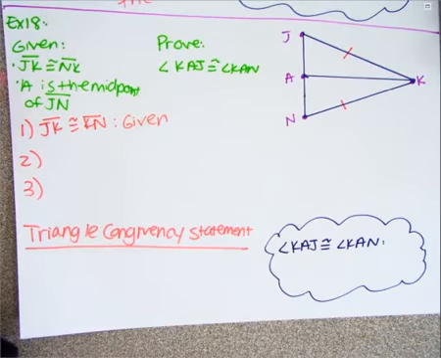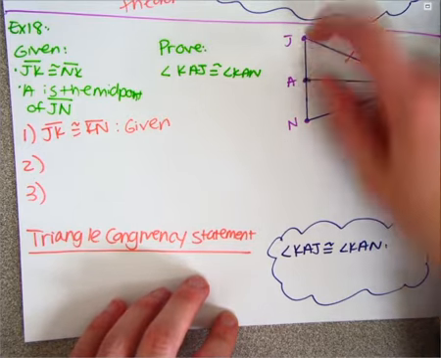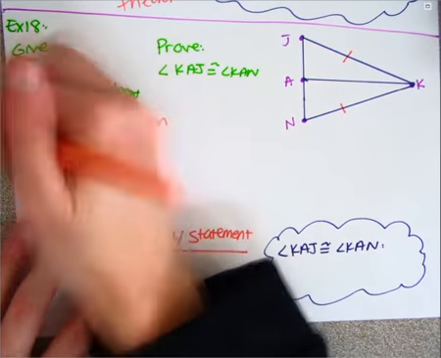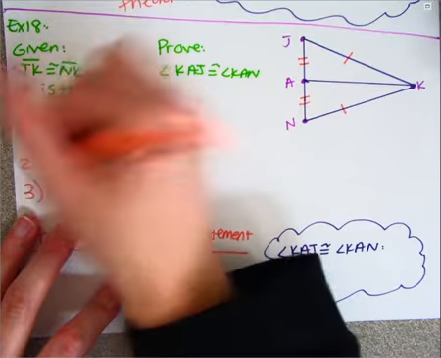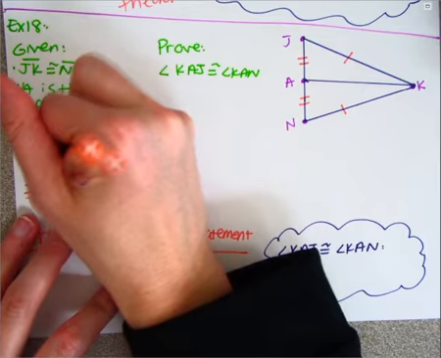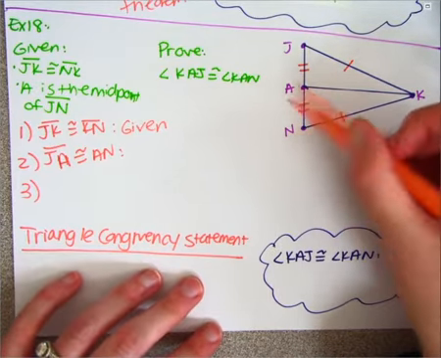So if A is the midpoint, what do we know about segments JA and AN? If this is the halfway or middle point, then these two pieces have to be congruent. So I know that JA is congruent to AN, and it's not because the given told me this is the midpoint, but because this is a midpoint, that means JA and AN are congruent.